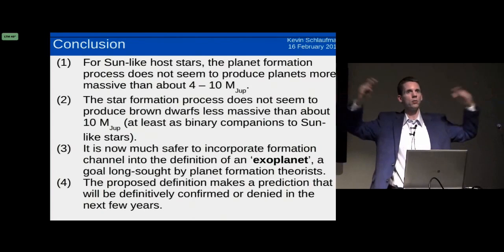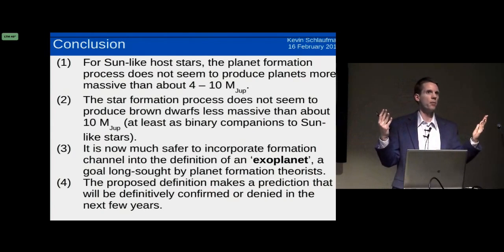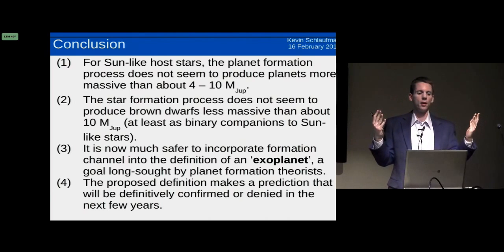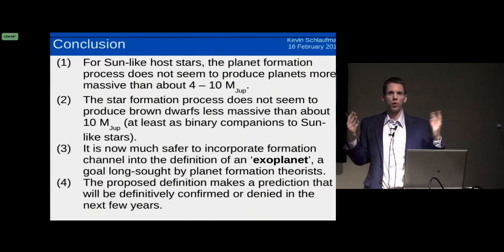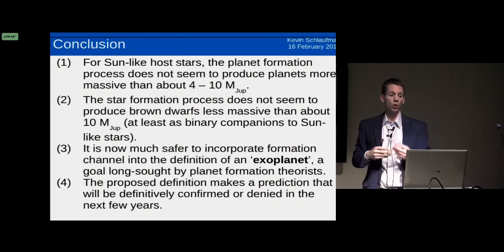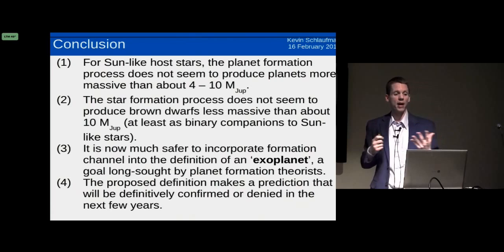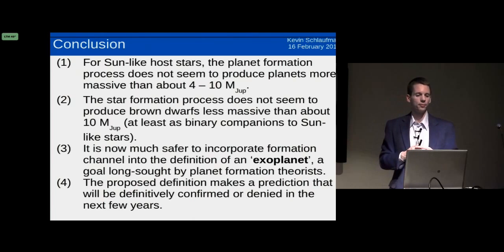This top-down star formation process produces objects independent of the metallicity of the host star. And it seems like that process is dominant for objects more massive than about 10 Jupiter masses, or at least the subject of the limitations of the sample that I studied, that is, binary companions to Sun-like stars.